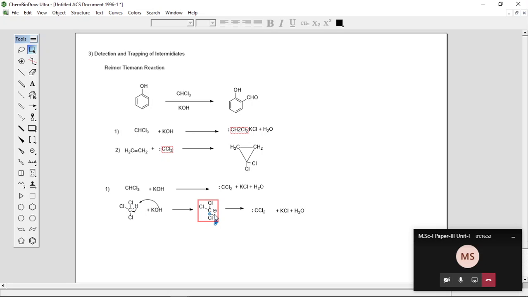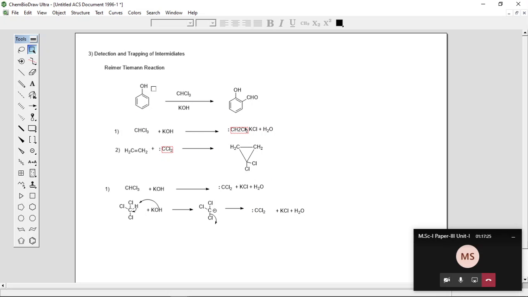Then a Cl group leaves as Cl minus and it generates the carbene as an intermediate. OH minus takes the proton and converts to H2O. K reacts with Cl and forms KCl. So you get carbene as the intermediate, potassium chloride and water. Now this is the intermediate that is formed during the reaction.